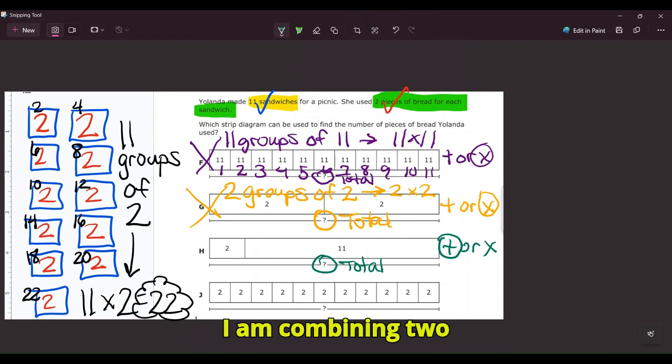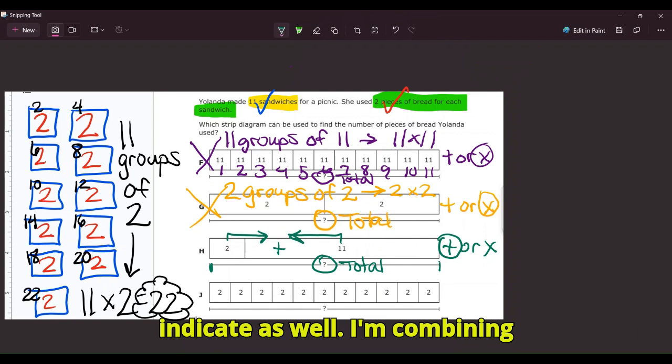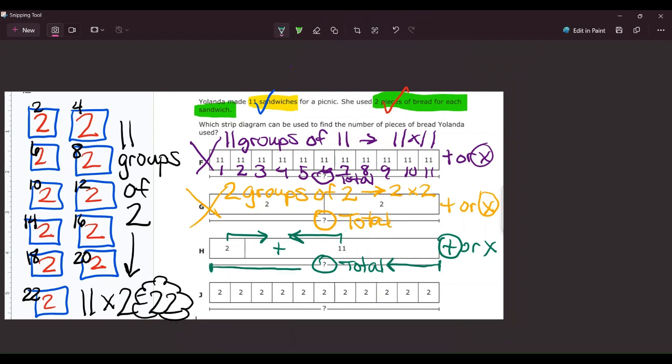I am combining 2 with 11. I am joining 2 with 11. And that's what these lines down here indicate as well. I'm combining them to make a total. So this represents 2 plus 11.